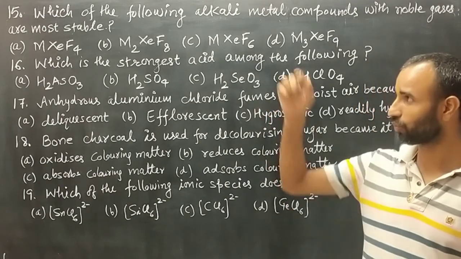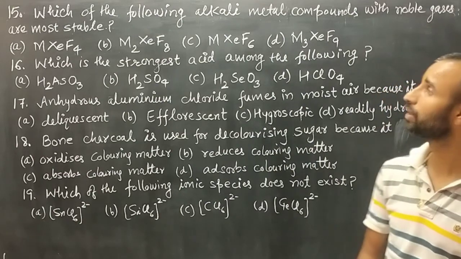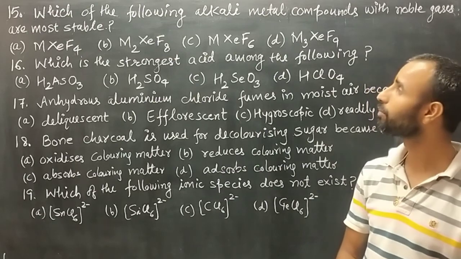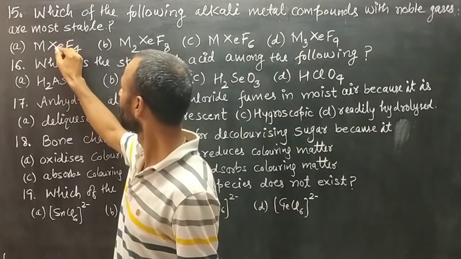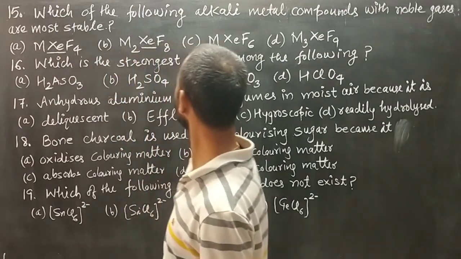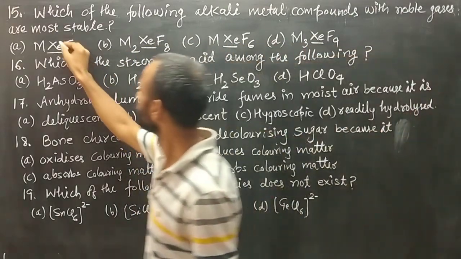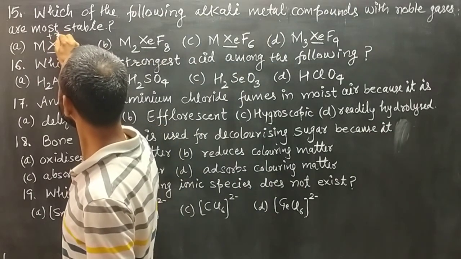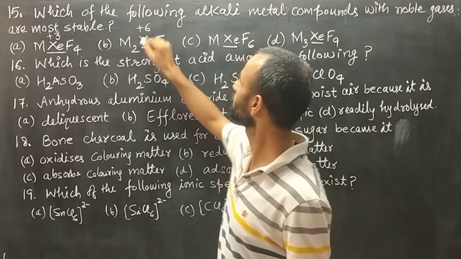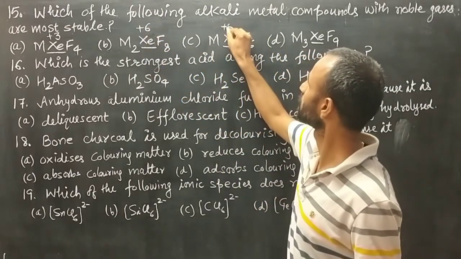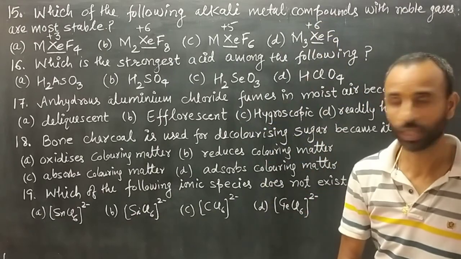So the 15th question is, which of the following alkali metal compounds with noble gas is most stable? First of all, calculate the oxidation number of xenon. This is plus 3. Here it is plus 6. In this case, it is plus 5. And here it is again plus 6.